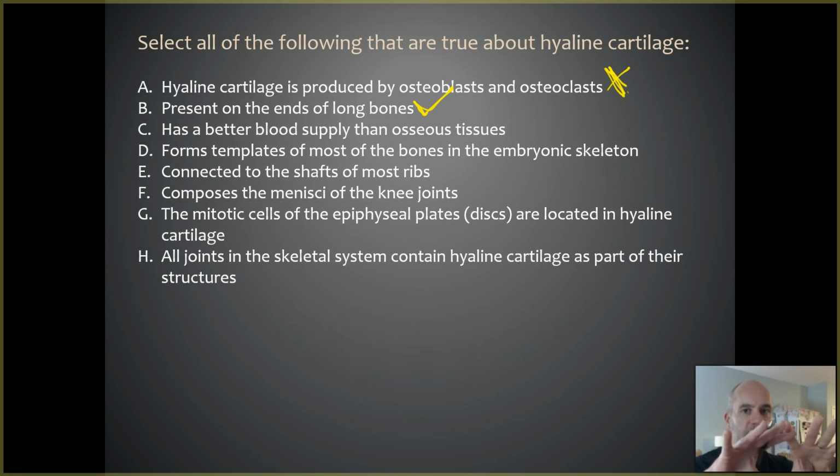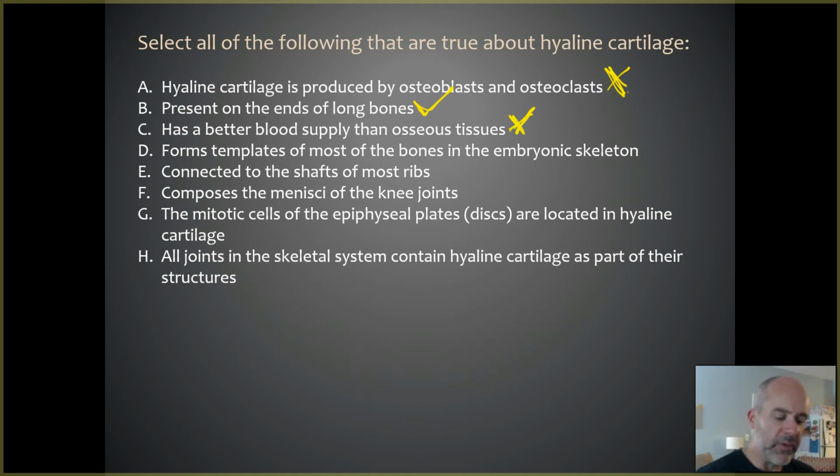You have blood vessels that are in the covering, that perichondrium covering around the outside of the cartilage, but you don't have blood vessels passing through the hyaline cartilage itself. Your osseous tissues, on the other hand, are well vascularized. Vascularized means that blood vessels are present in the tissue. Bone has a very good blood supply. So this one's going to be false. We're not going to pick that one.